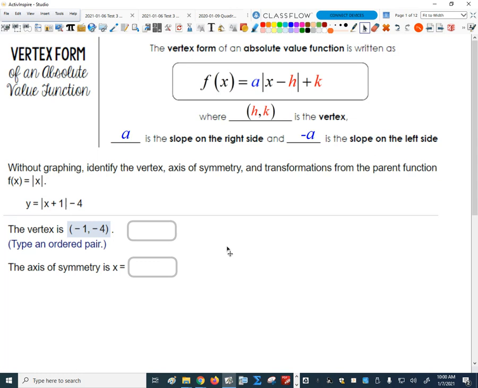Okay. What about the axis of symmetry? If I graph an absolute value function, think what that looks like, right?